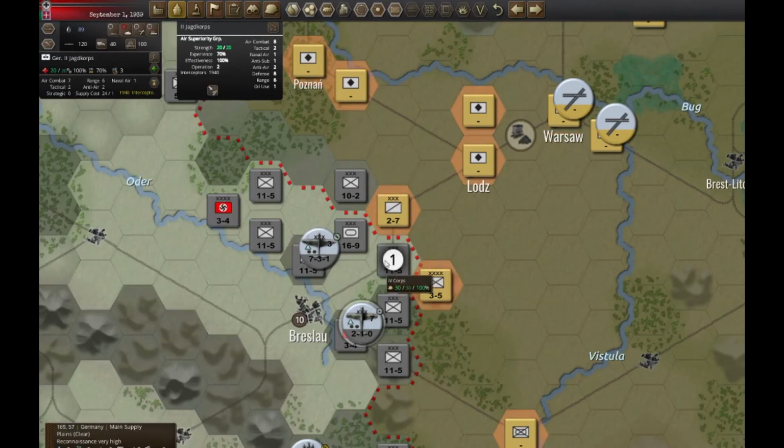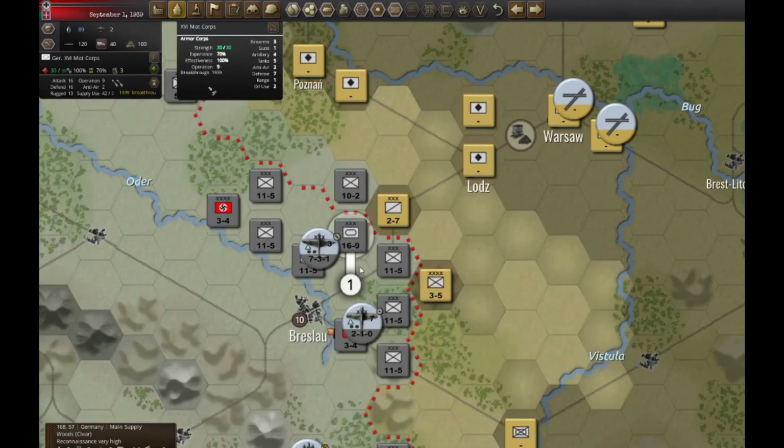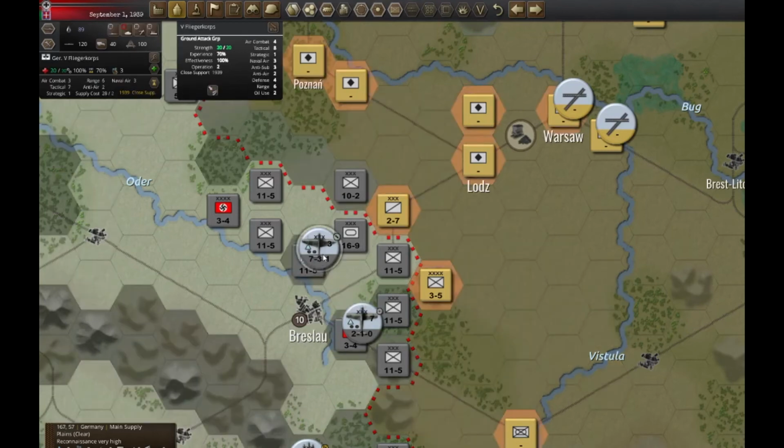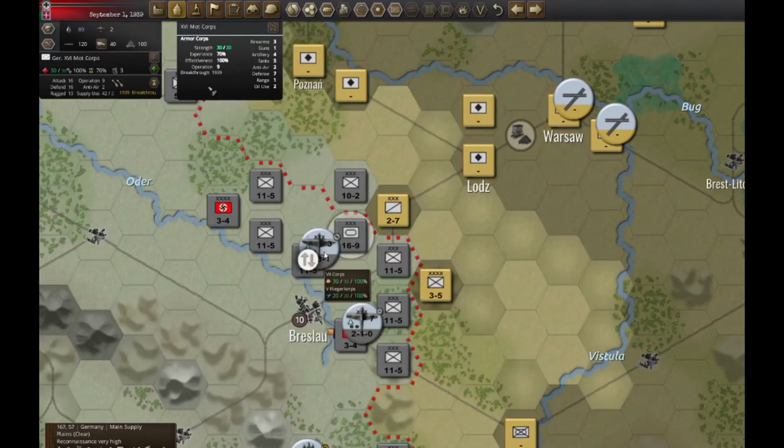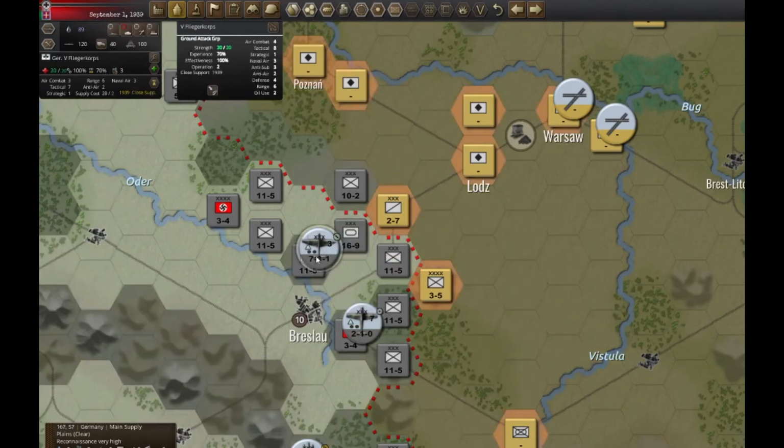So when I go to attack this particular unit here, I've got an armored unit here, and according to the table, this will use 2 oil points. This is a ground support, so it should also use 2 oil points. So just by attacking, I'm automatically going to use 4 oil points with this attack.